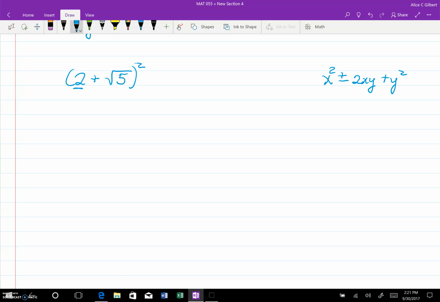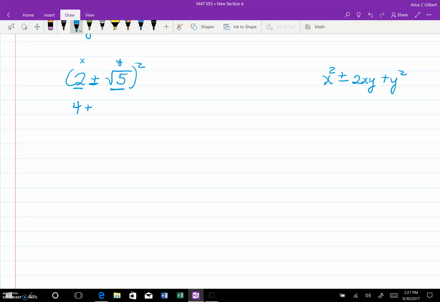Well, the 2 is my x, and the square root of 5 is my y. So my first term is x squared, so 2 squared is 4.